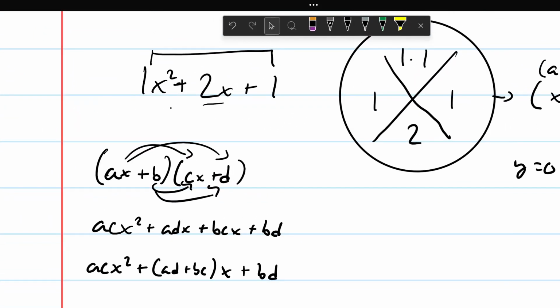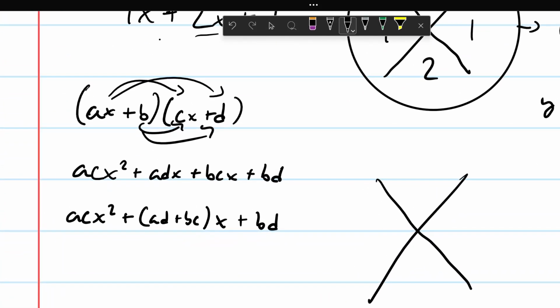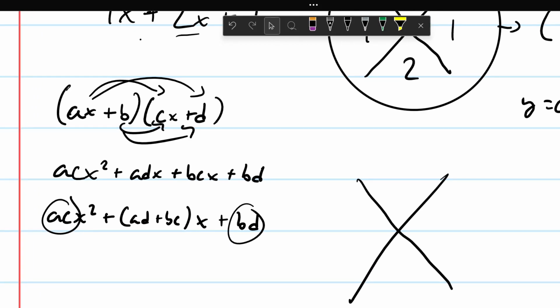And wow, we could already tell that if we were to take two numbers, the first and the last coefficient, let's just group these together: AC times BD, and AD plus BC.